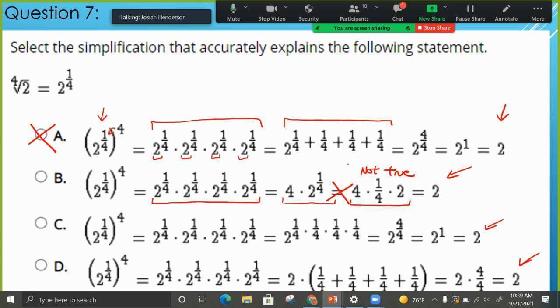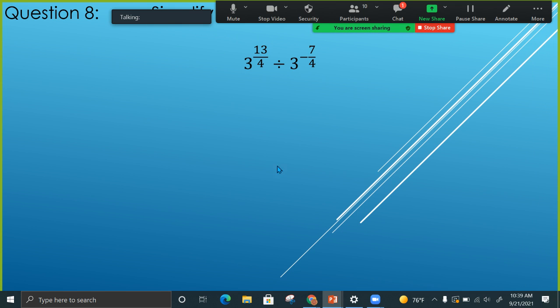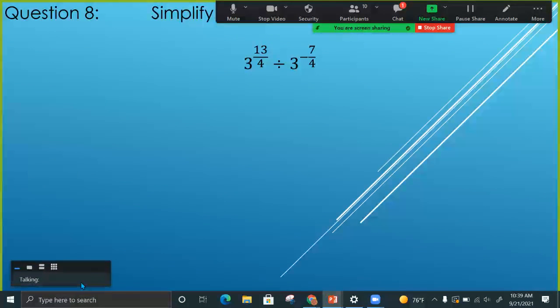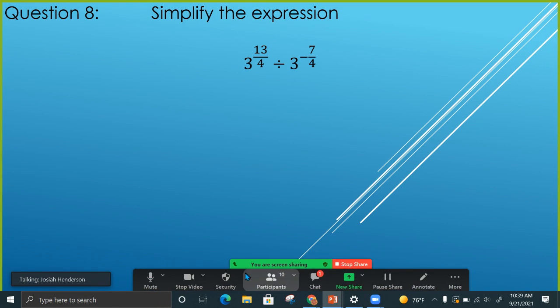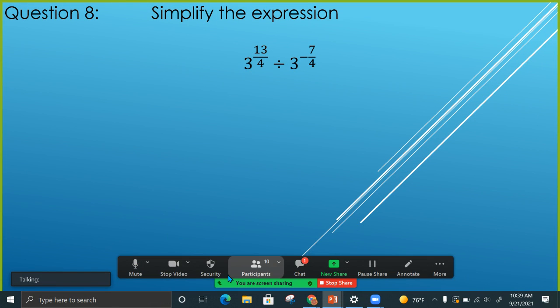Let's look at question 8. All right, simplify the expression. Okay. Now, this one might look kind of scary at first, but frankly, if we use our rules, it should simplify pretty fast and nicely. So let's just survey before you start doing stuff. We've got fraction exponents.